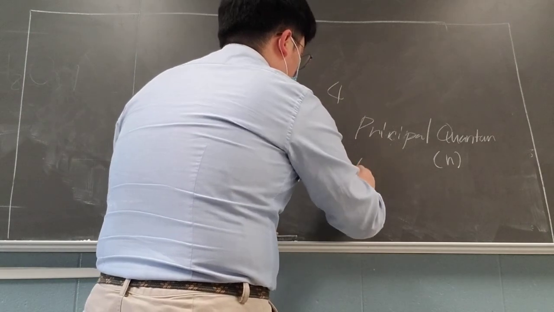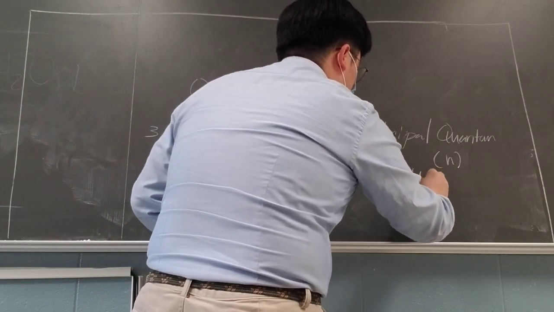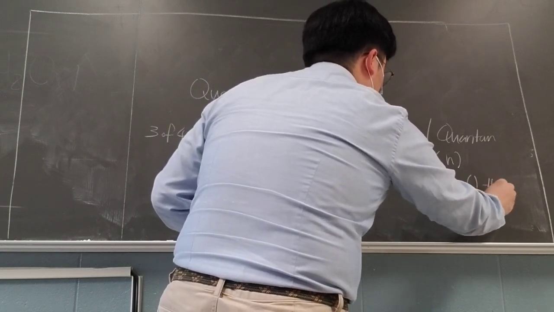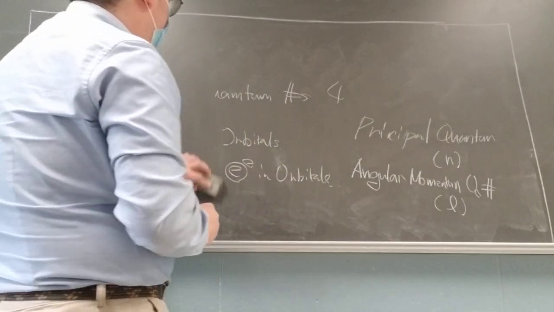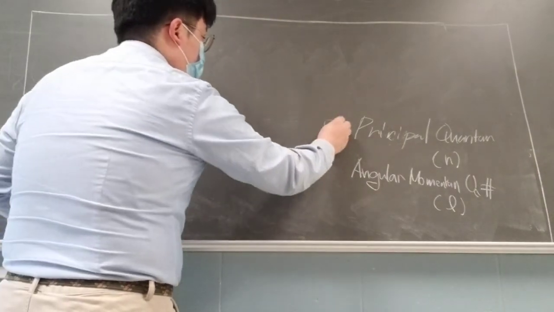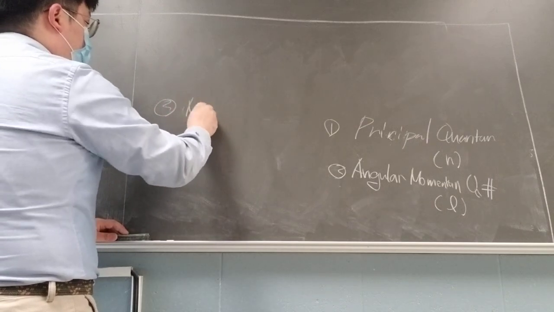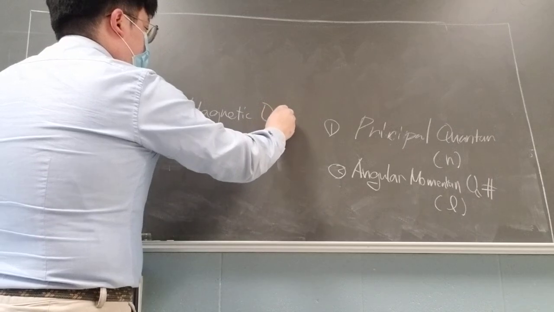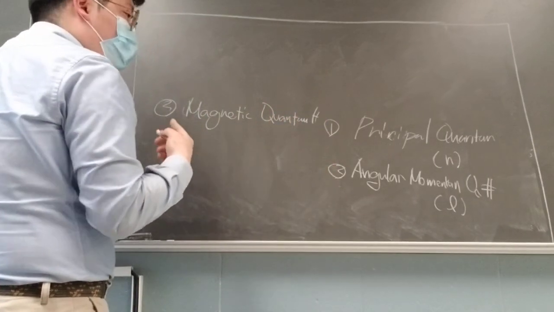The next one is the angular momentum quantum number. We put it as L. The third one is the magnetic quantum number. Those three are for the orbital, what kind of orbital you have.